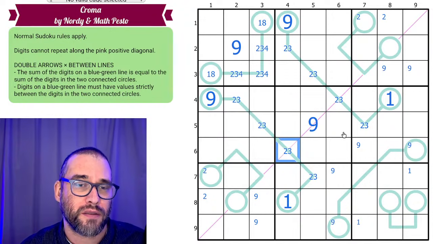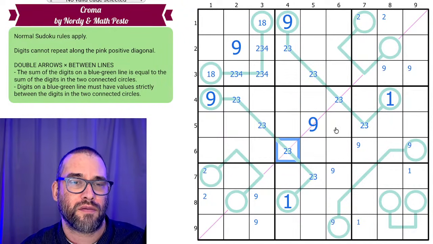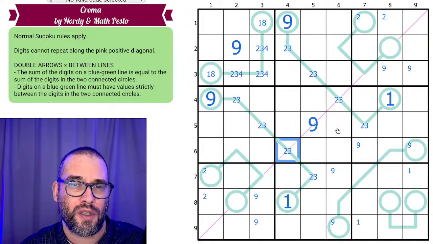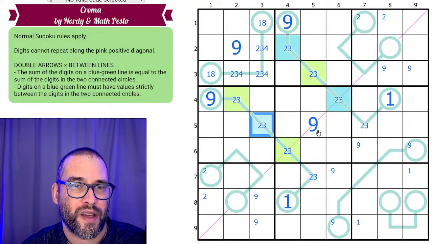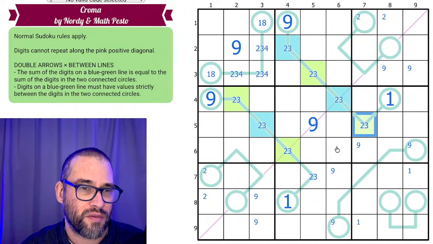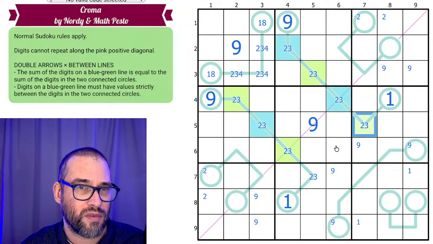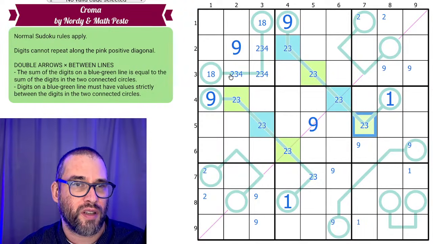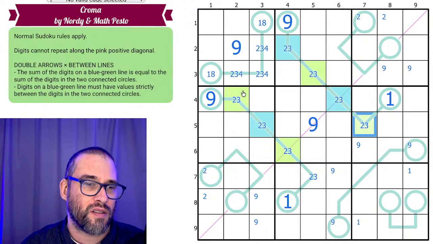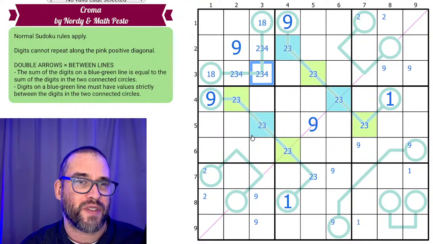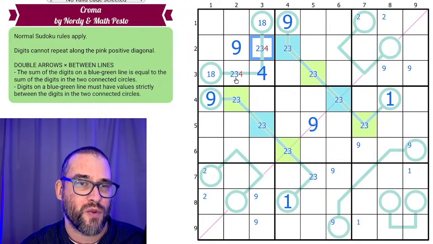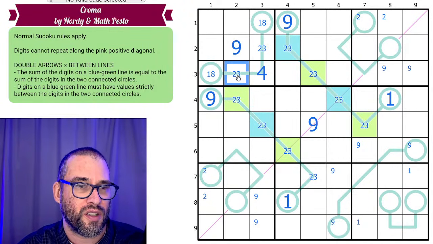I don't hate it. So that's green, that's blue, that's green, that's blue, that's green. Yep, this sees blue and green, so it's 4.